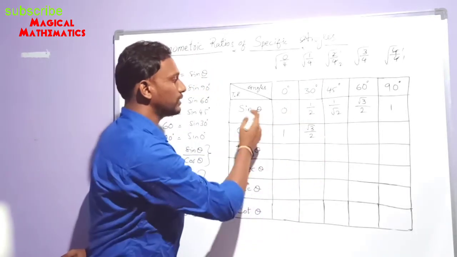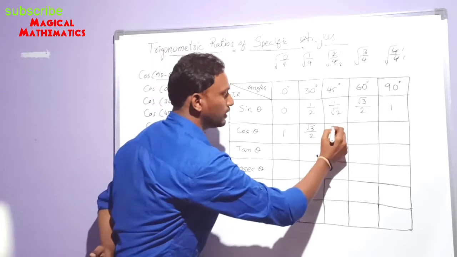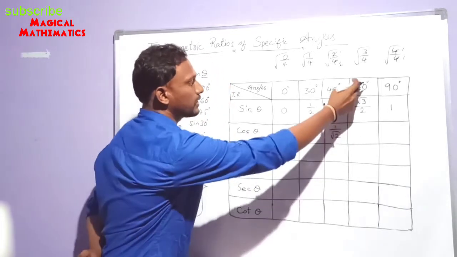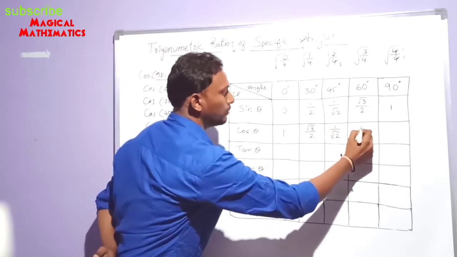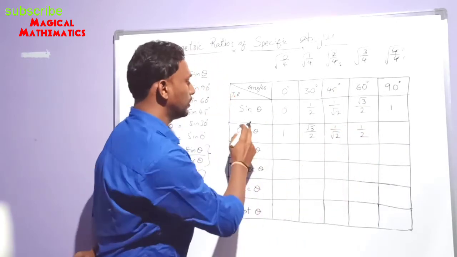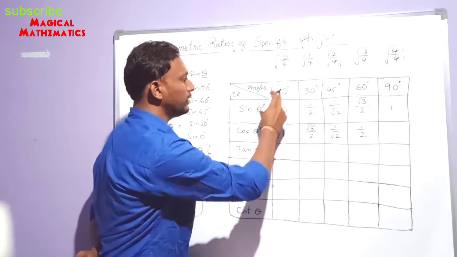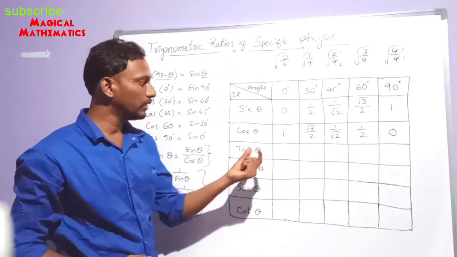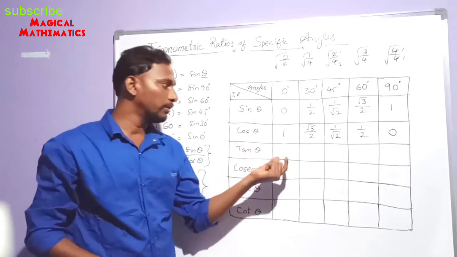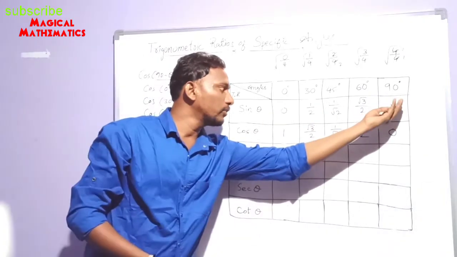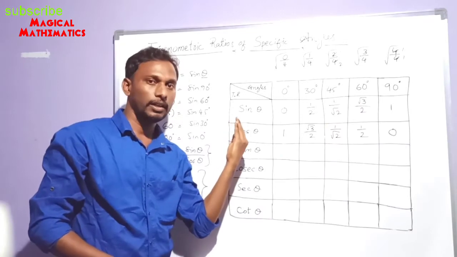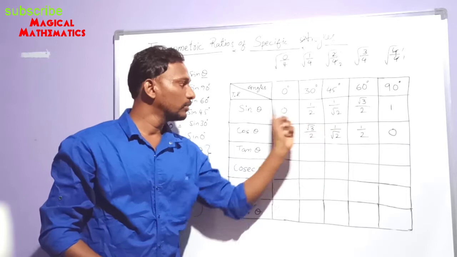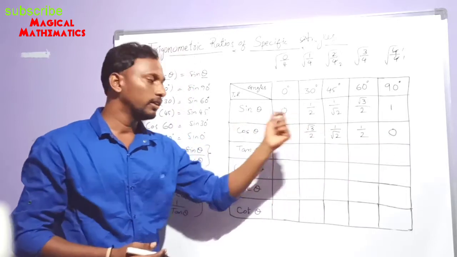Cos 45 and sin 45 are both equal at the same angle. Cos 60 is sin 30, that is 1 by 2. Cos 90 is sin 0, that is 0. Otherwise, you can directly remember that all these values have to be written in reverse: 1, root 3 by 2, and so on.